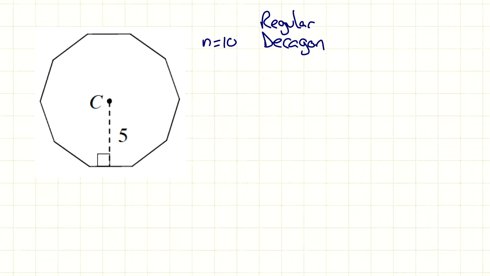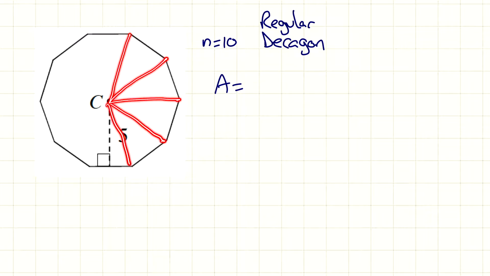All right, so why is that important to know? Well, when we're trying to find the area, just like the hexagon, we had to find the area of one triangle and then multiply it by 6. But here, how many triangles are there going to be if we actually draw in all the triangles, from each vertex to the center?